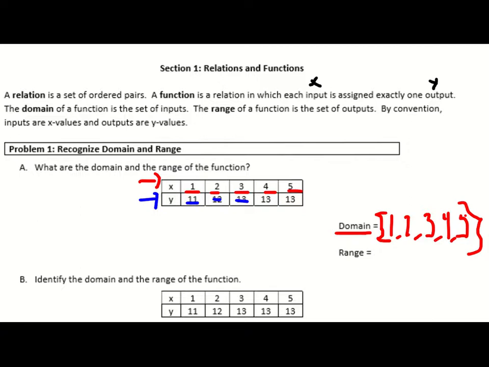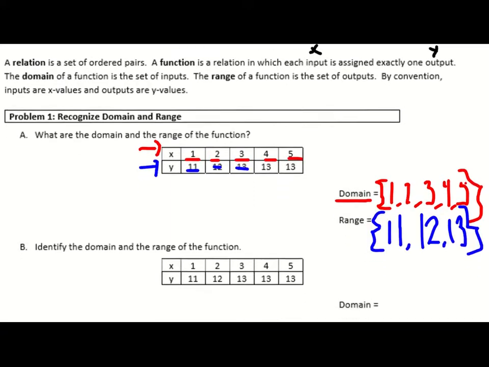So for the range, I'm putting my swiggle bracket, and I'm going to say the range of this function is 11, 12, and 13. I'm not going to put 13 three times. I only need to list it one time. And that would be my domain and range of the function. So domain is simply listing what numbers are with x. Range is simply listing what numbers are with y.